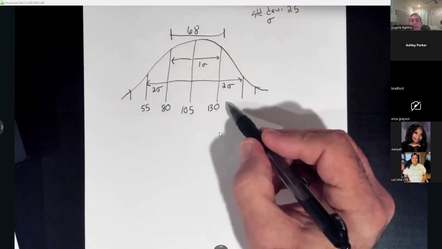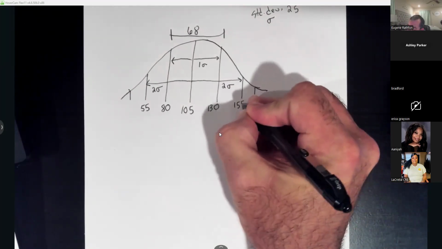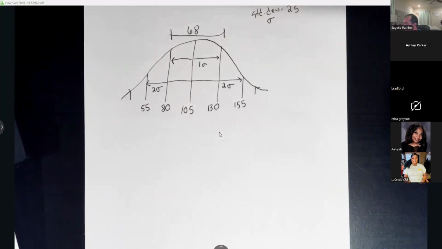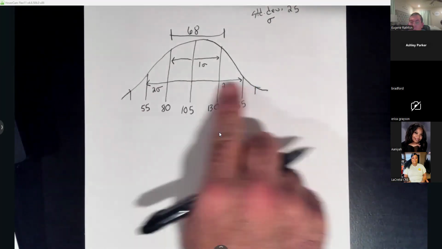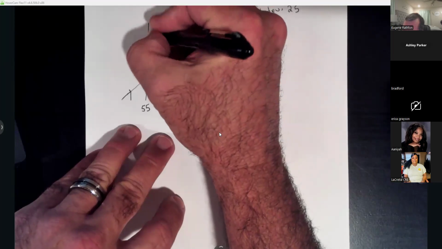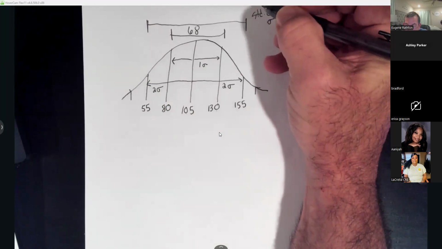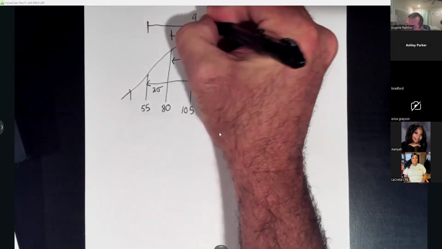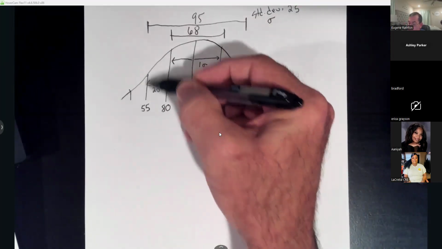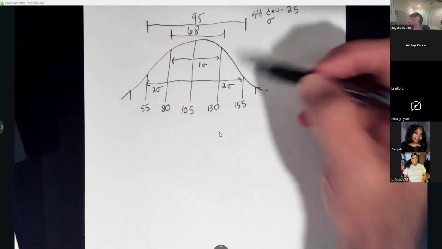When you add 25 to 130, you get 155. So two standard deviations, that means that 95% will be between this 55 and this 155.